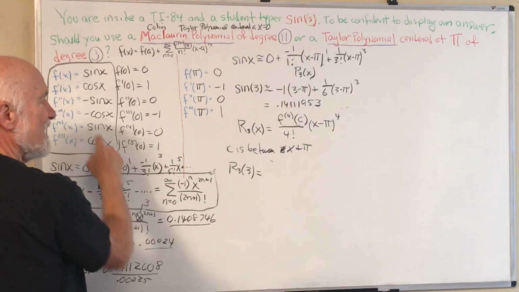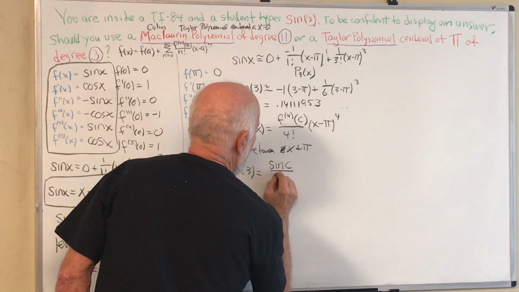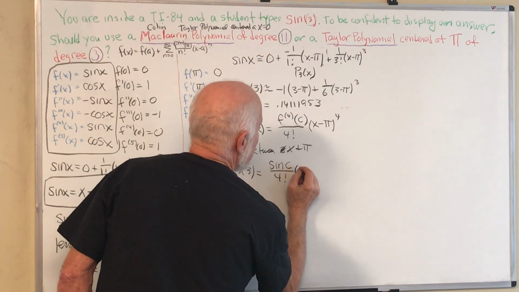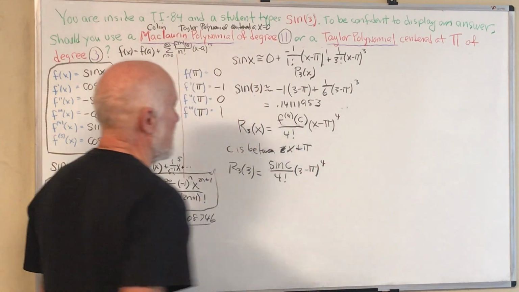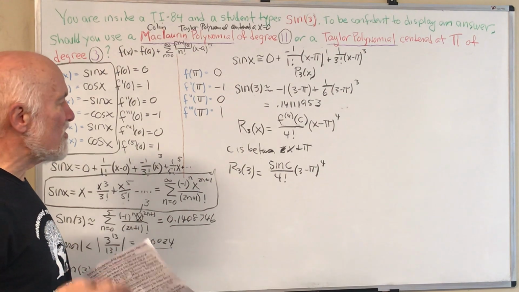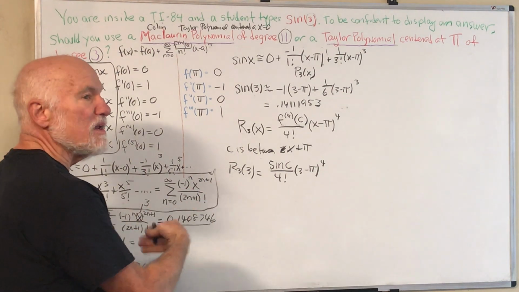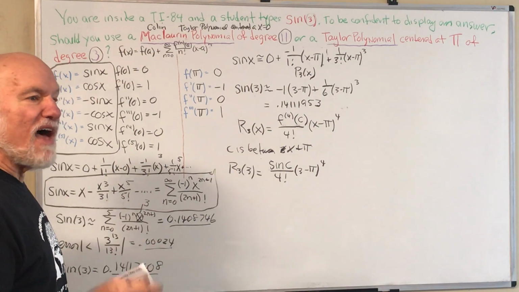It's the sine. So it would be the sine of C over 4 factorial times 3 minus pi to the 4th. And the thing about it is we never really can find out what C is. We just know it's somewhere in between. It's sort of like, it's because of that mean value theorem.